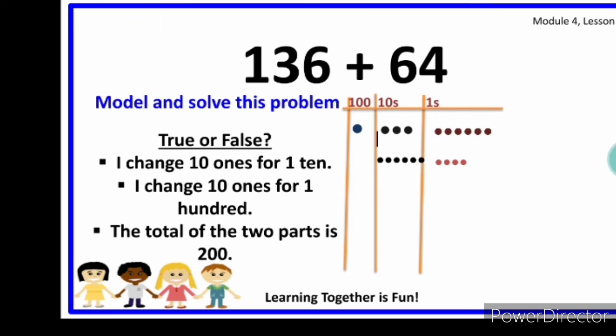Now, if you take a look at the ones, you see that it is 10. Let's count. 1, 2, 3, 4, 5, 6, 7, 8, 9, 10. I remember I said that if it is 10 and above, you bundle. Now we have 10 in the ones part, so we're going to bundle it and take it here.